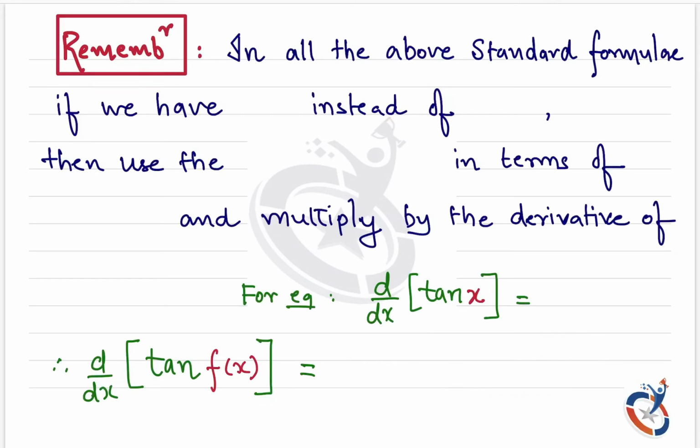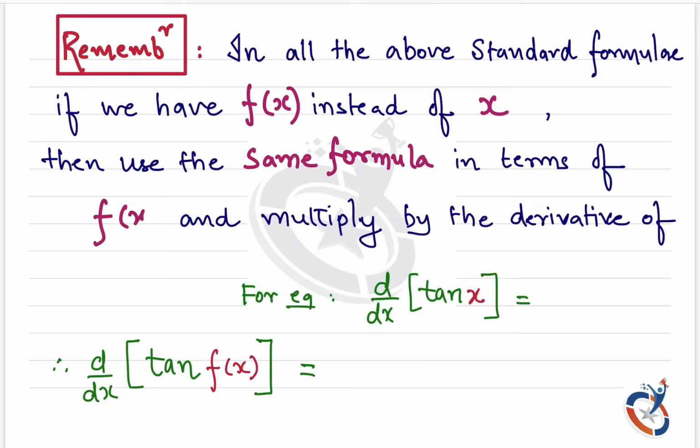So the rule says: in all the above standard formulae, if we have f of x instead of x, then use the same formula in terms of f of x, and multiply by the derivative of f of x.